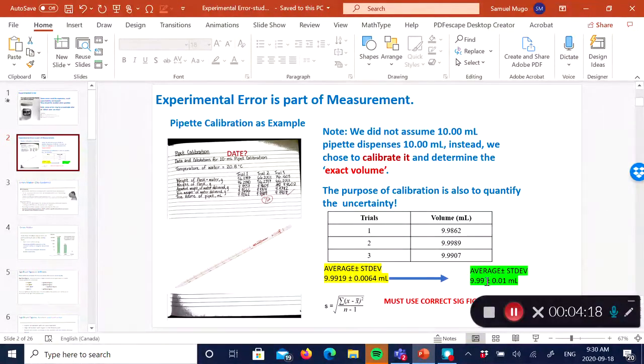And so my correct mean should be 9.99 plus minus 0.01, because my first uncertain number, which is here, should be my last significant figure. So very, very important. Take note of how you correctly report your data in terms of significant figures. Very, very important.